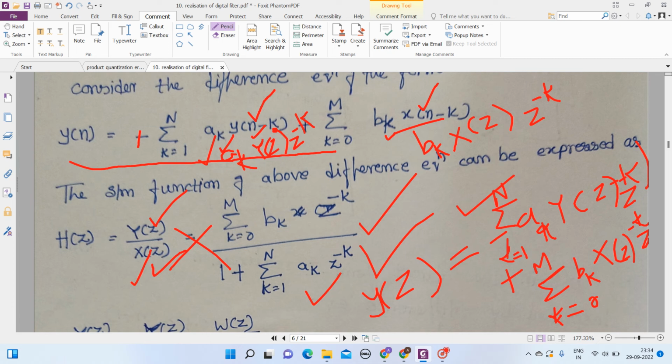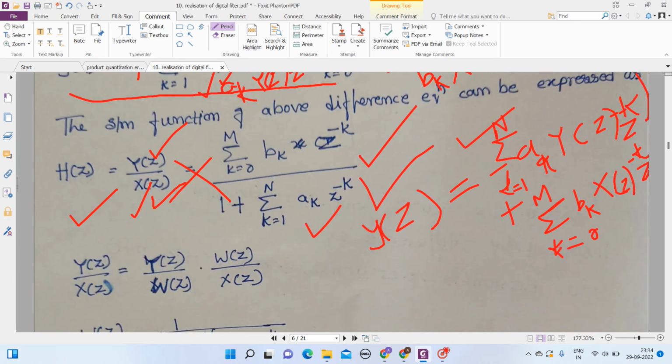We will see how to draw the direct form 2 structure by using this equation. For this system, the first step is we have to split the system like this. I have multiplied and divided by w of z, then it becomes like this.